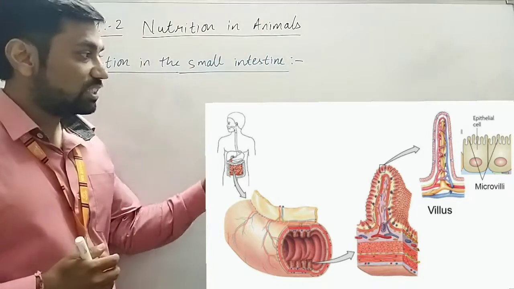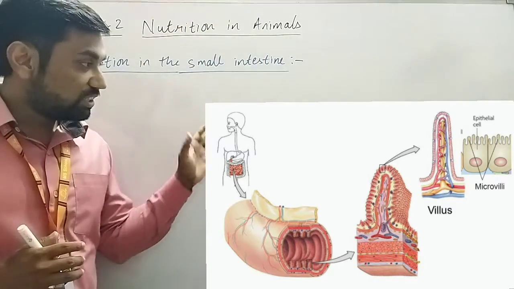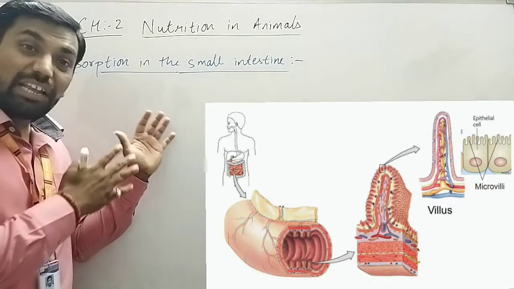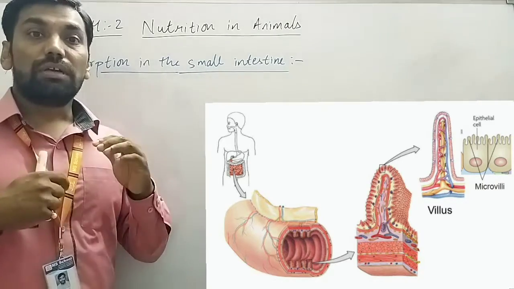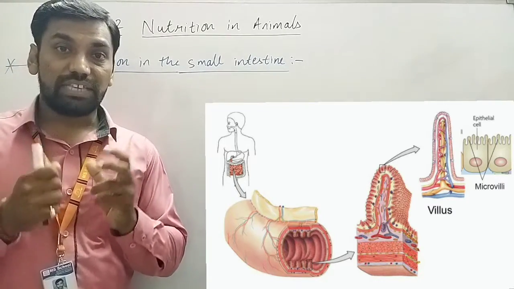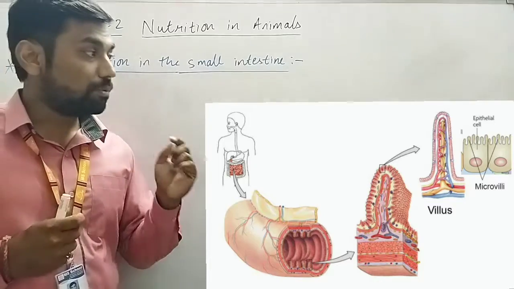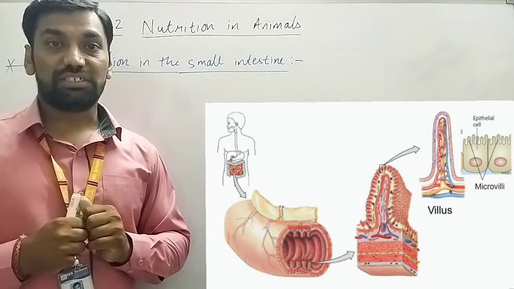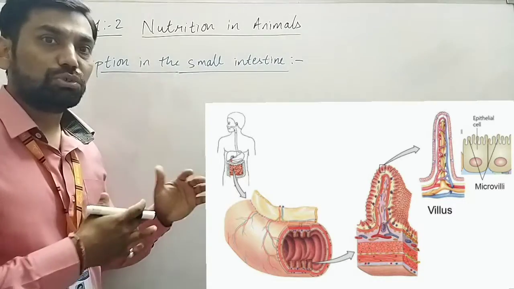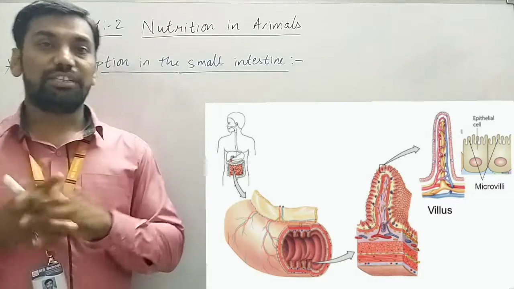As you can see in the figure over here, there are a number of microscopic cells present in the form of finger-like projections, or finger-like outgrowths. What do they do?